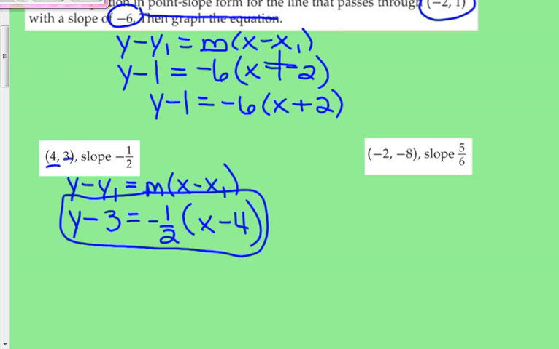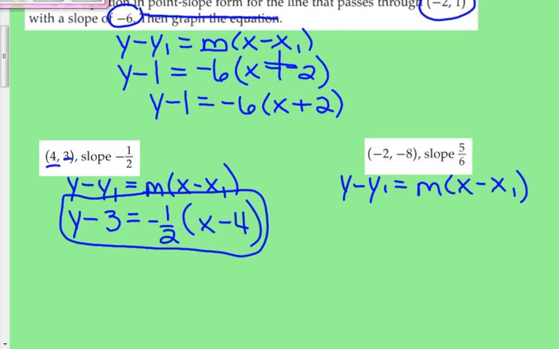Now we're going to come over here and do this one. Again, the formula is y minus y1 equals m times x minus x1. Y minus a -8, so that's going to become a y plus 8.